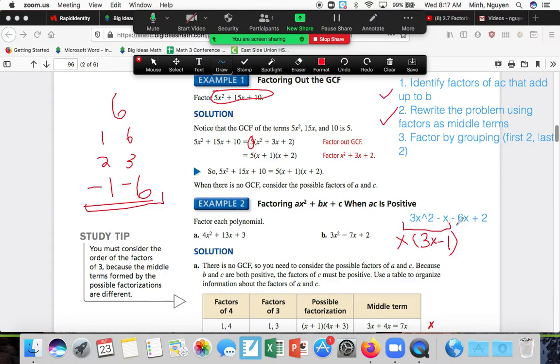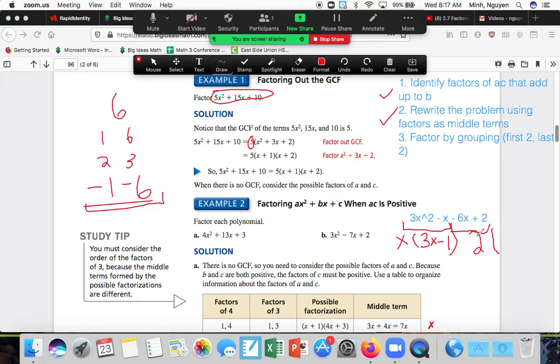Then I'm going to look at my second set and think, okay, what can I factor from -6x plus 2? Now my first instinct is to factor a 2. But then I think about what's in the parentheses, and I'll be like, oh, well, 2 times what gives me negative 6x? And I would have to have a negative 3x here.